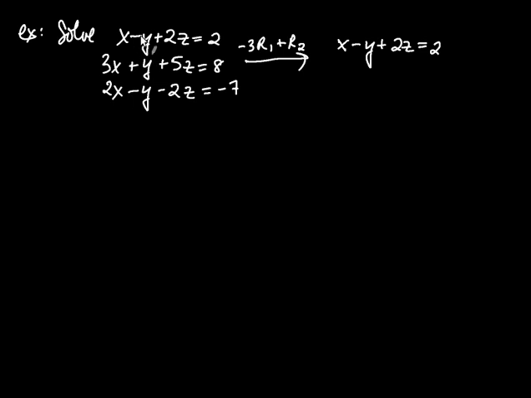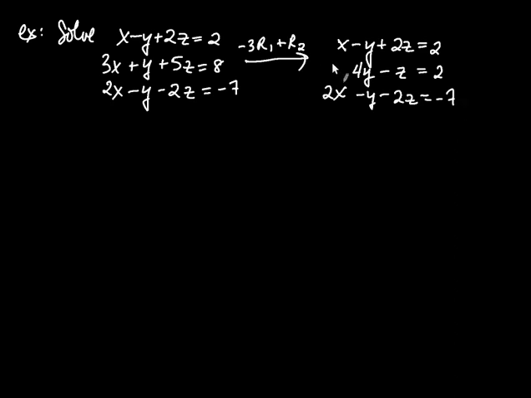So that's a 4y, so this is going to become a 4y, and then -3 times 2 is -6, added to 5 is -1, so -z. And then don't forget to do the right hand side as well. -3 times 2 is -6, added to 8, so you're going to replace it with a 2. And the bottom equation we're just observing, so right now it's 2x minus y minus 2z is equal to -7.